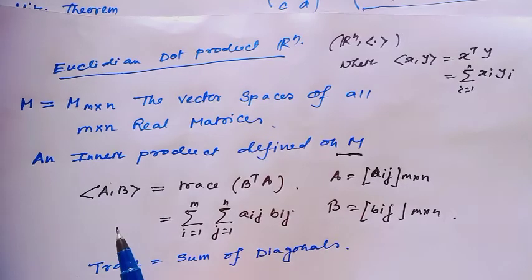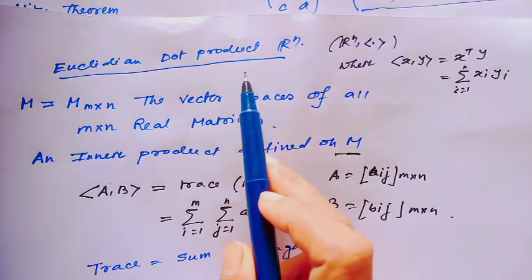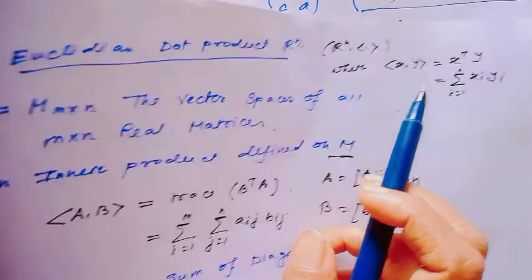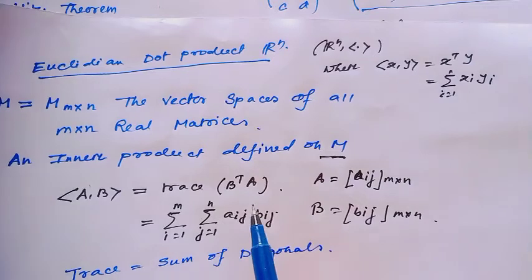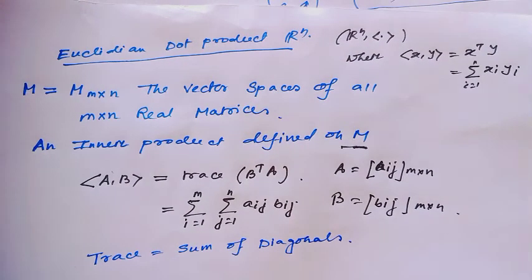Here this inner product is actually the same as the vector dot product, the same as the Euclidean dot product x transpose y. And this will satisfy all properties of an inner product.